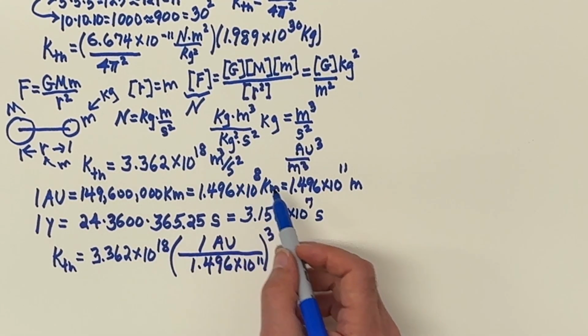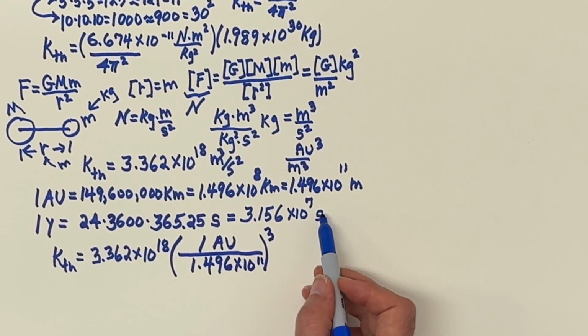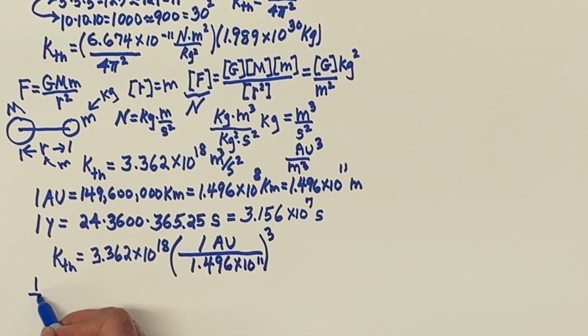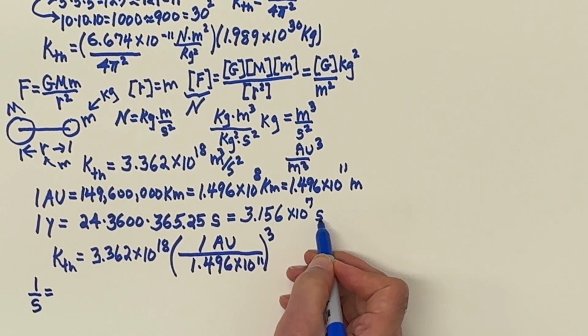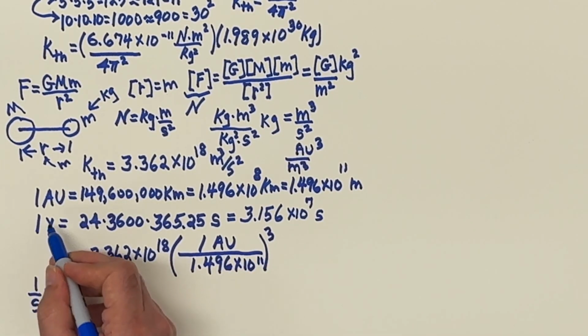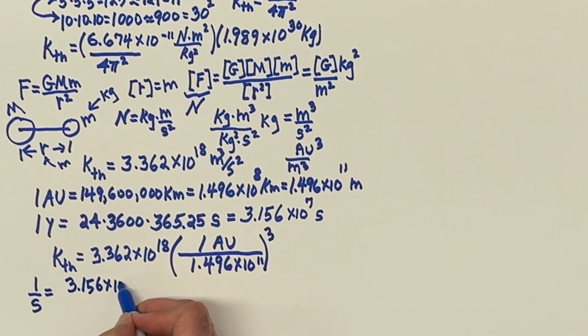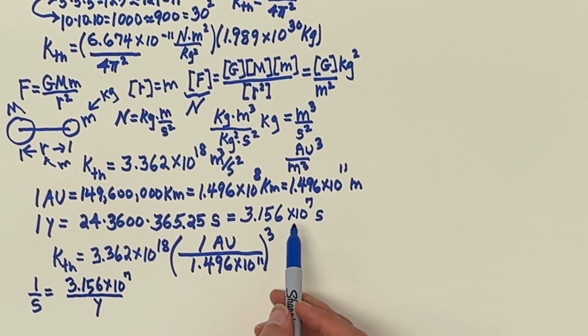And then for the 1 over second squared, if I use this equation, I could get 1 over second by bringing the seconds over to the left side and bring the year to the other side. I would have this here divided by year. So let's go ahead and check that.